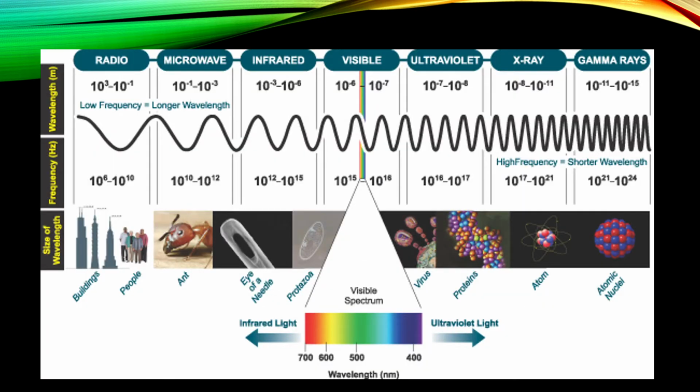You can see that really well here. I've got my radio waves at this end, which have a low frequency, which gives them a longer wavelength, all the way up to gamma rays, which have a very short wavelength but a very high frequency. In the middle here, we have our visible spectrum, and you can see how small a portion of it that makes up.